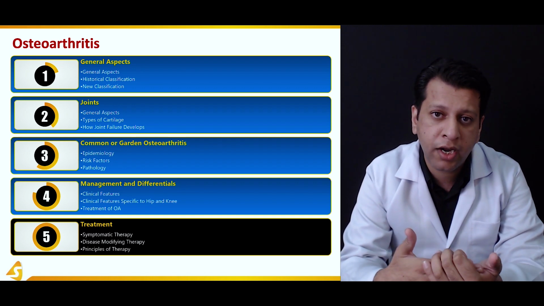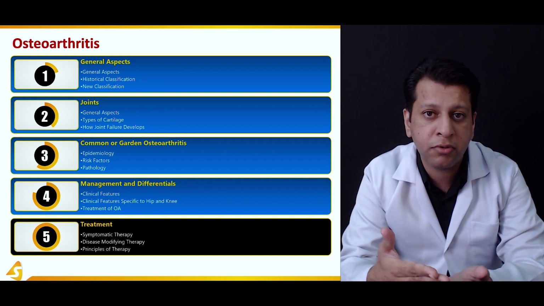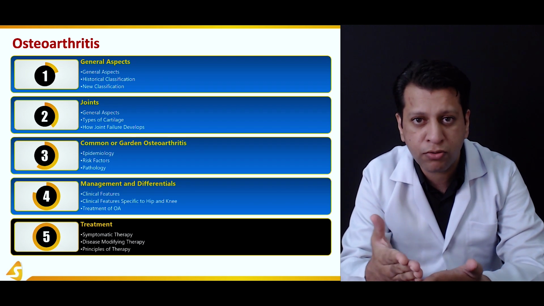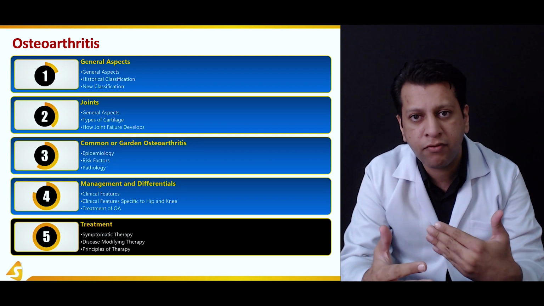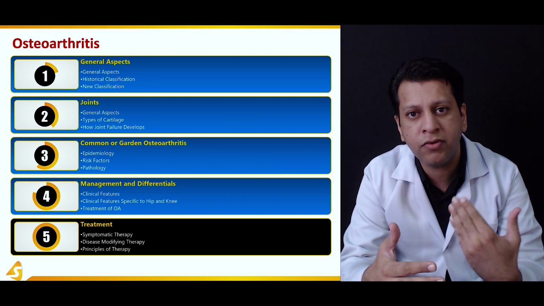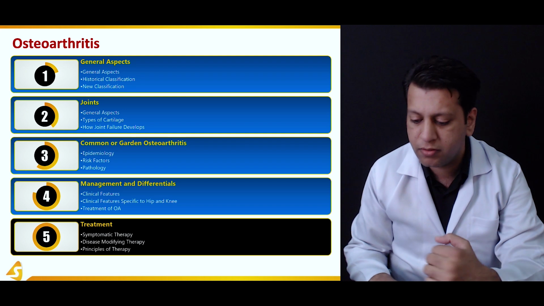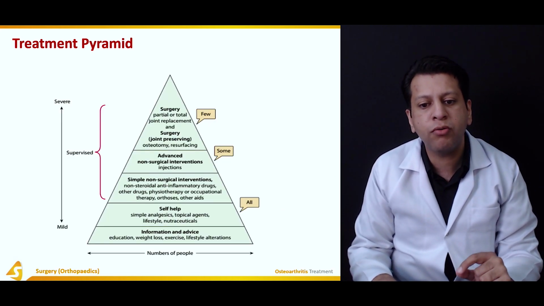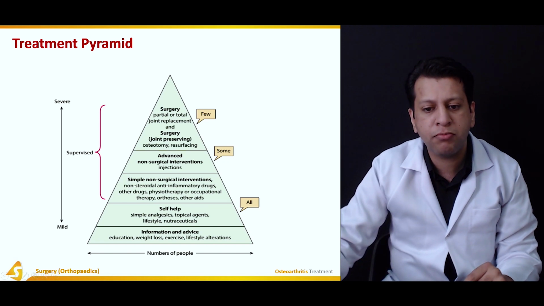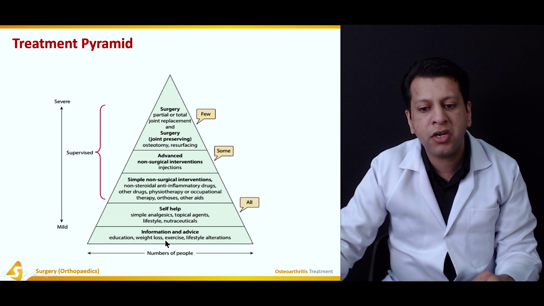But before going to that, we need certain principles for how to treat osteoarthritis in a step ladder pattern, starting from simple things first and then eventually moving to complex surgeries. This is a treatment pyramid. At the base are information and advice, education, weight loss, exercises, and lifestyle alterations.